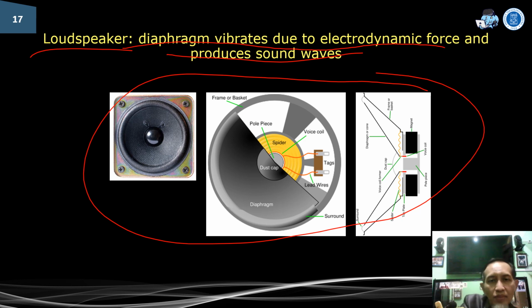This is the diaphragm. There is a permanent magnet, and there is a coil. So it can produce the electromagnetic, electrodynamic force.